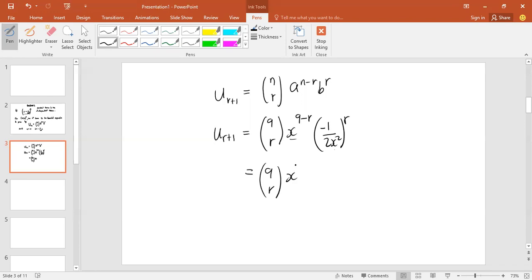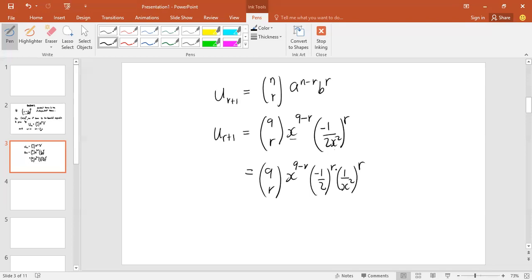Then you have 9 minus r. Here you can separate if you want. You can have two things: negative 1 over 2 raised to the power r, and you can have 1 over x squared raised to the power r.